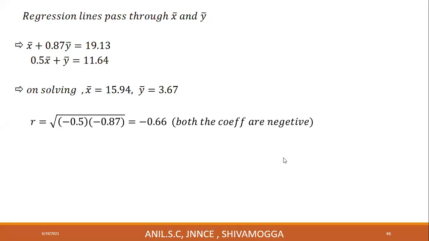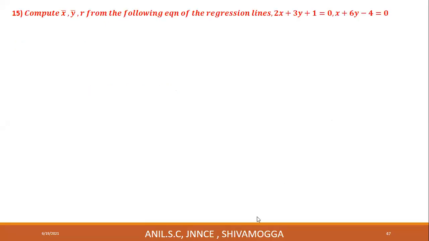Next one. Compute x bar, y bar and r from the following equations of the regression lines: 2x plus 3y plus 1 is equal to 0, and x plus 6y minus 4 is equal to 0.